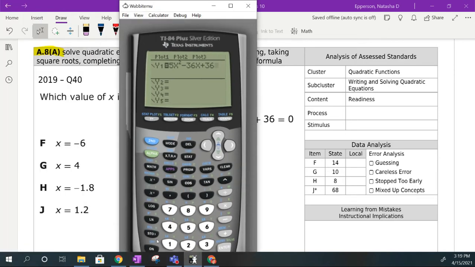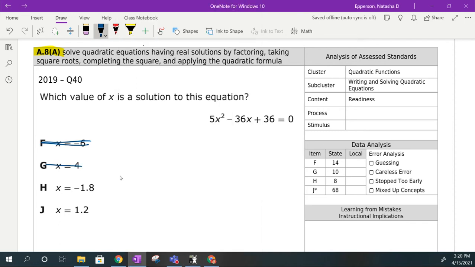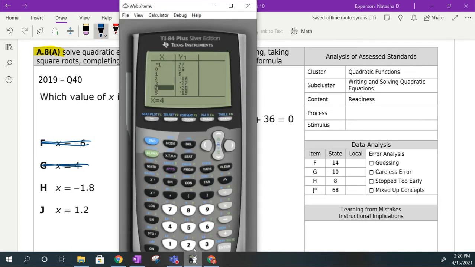And I'm going to go to second graph, and I'm going to go to where x is equal to negative 6. I'm going to see if I have a 0. I don't. So F is out. I'm going to go to x is equal to 4. Nope, no 0, so that's out. My next answer choices are decimals, and I don't have a decimal on here.